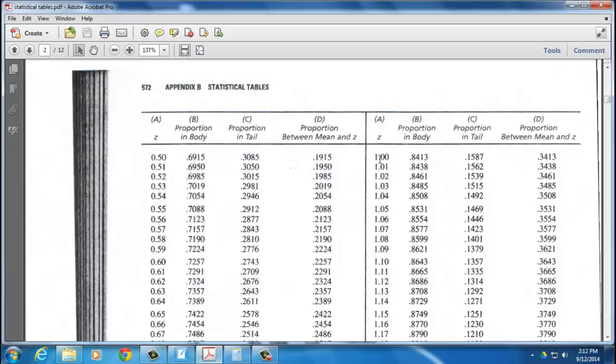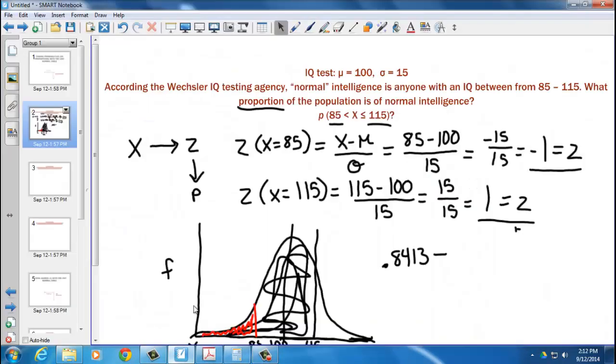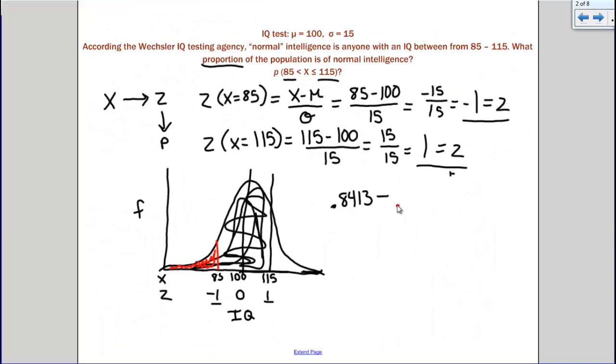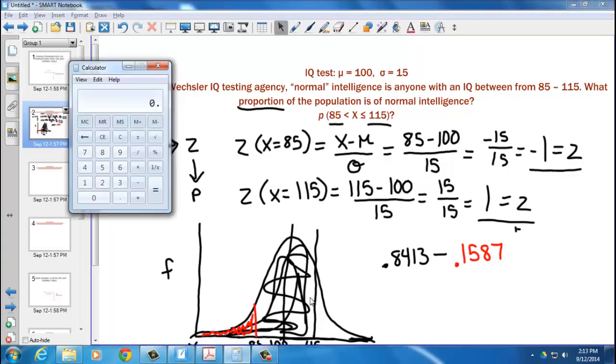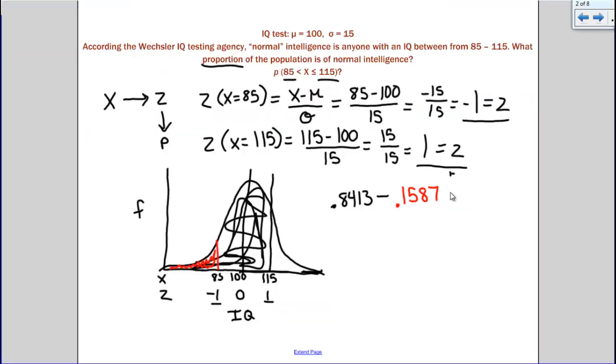So z-score of 1, proportion in the tail, 0.1587. And let's confirm with our calculator. 0.8413 minus 0.1587 gives you 0.6826 yet again.